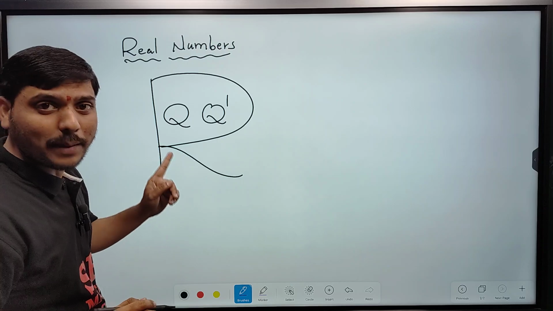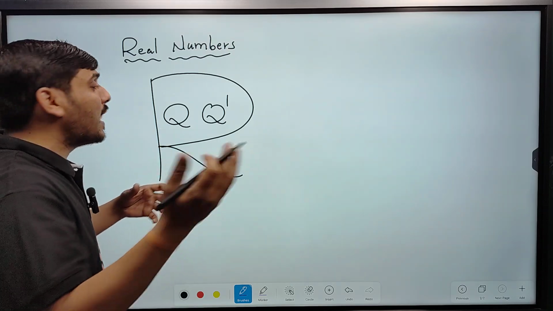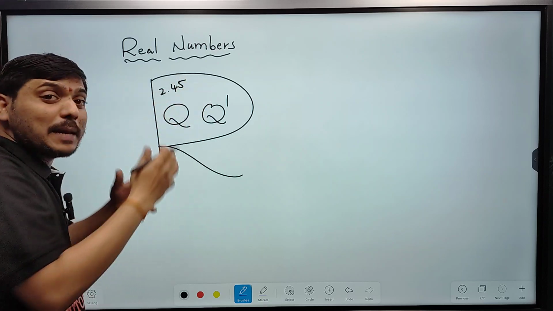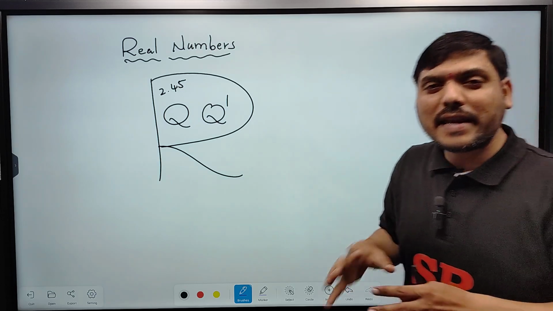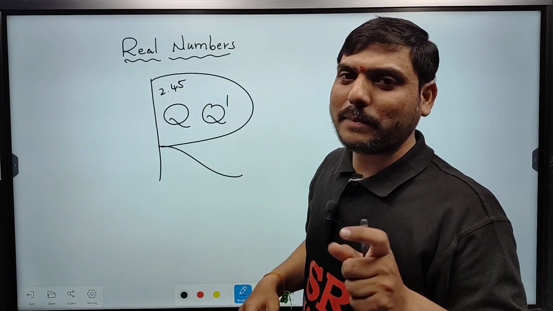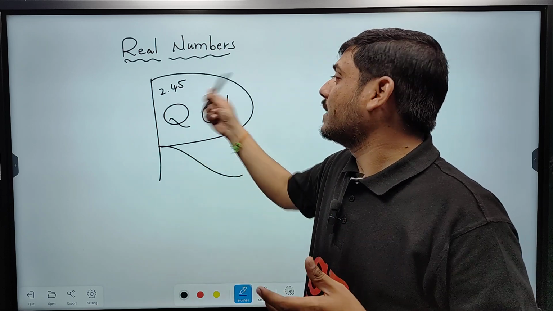Real numbers are denoted by capital R. Which numbers are included? Rational and irrational. I explained here, listen carefully. 2.45, this type of number comes in the real numbers. Real numbers are nothing but numbers having decimals. It's clear, students: decimal values come in the real numbers.